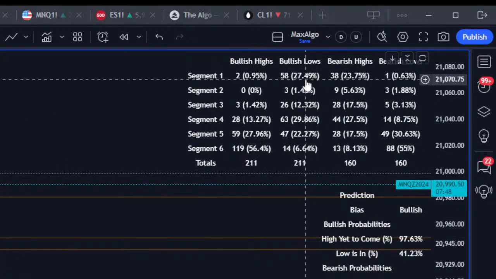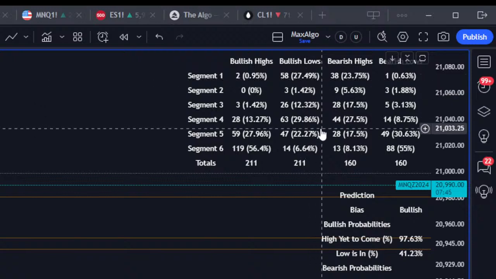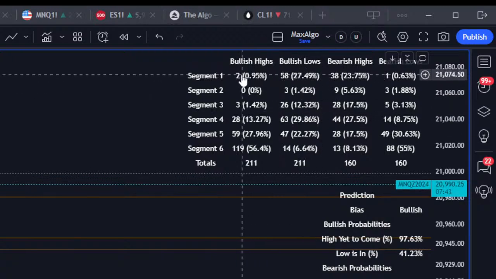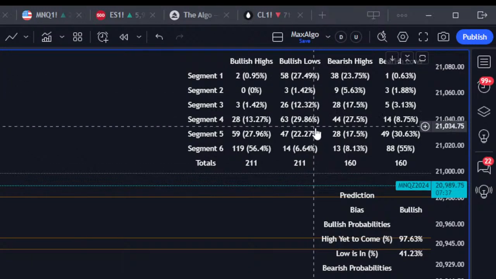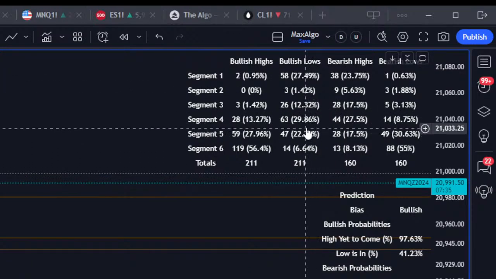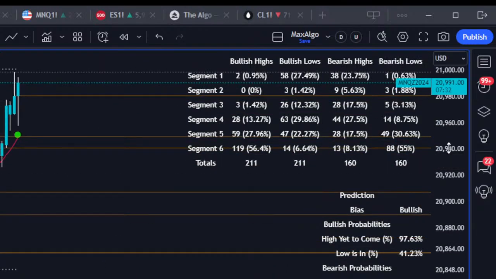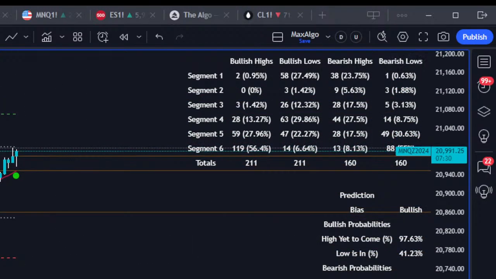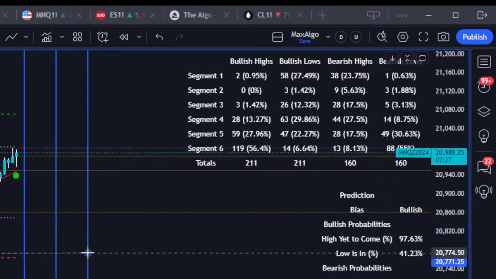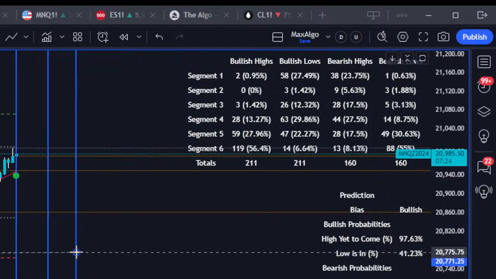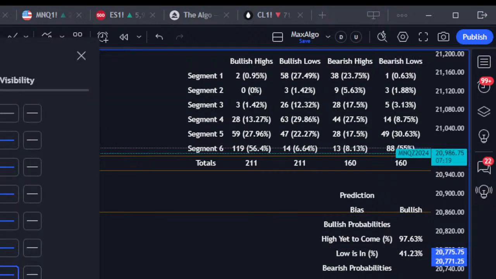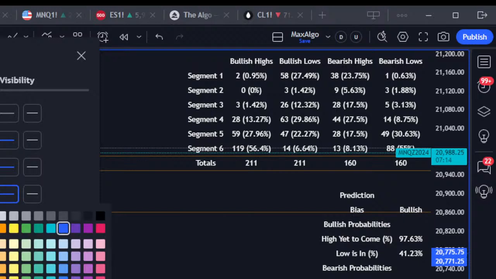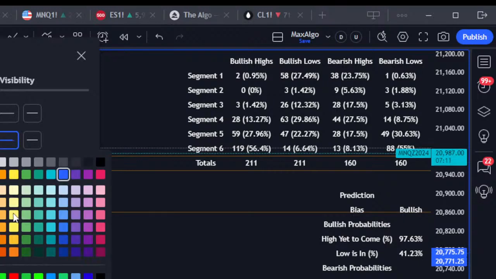So if we're expecting bullish, our low, segment 4 and 5. I have to do this manually for the daily.